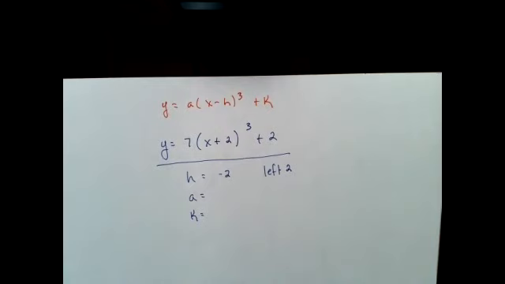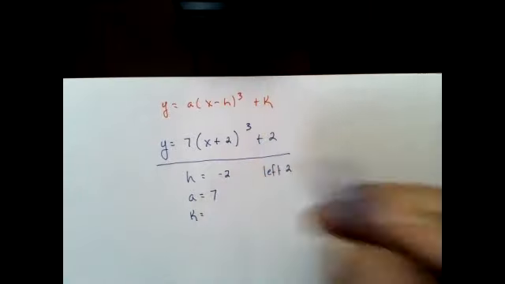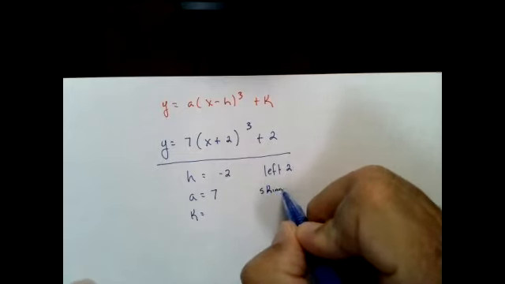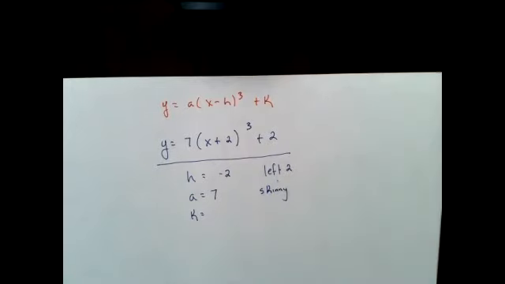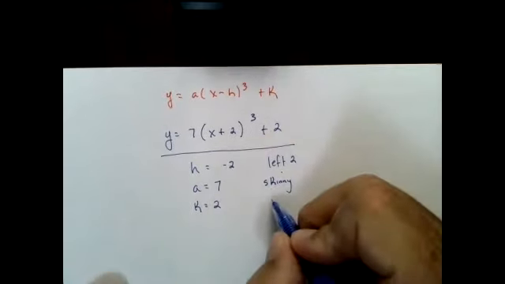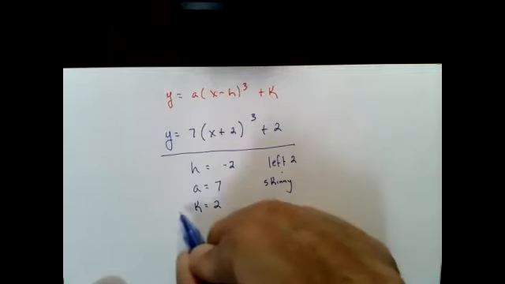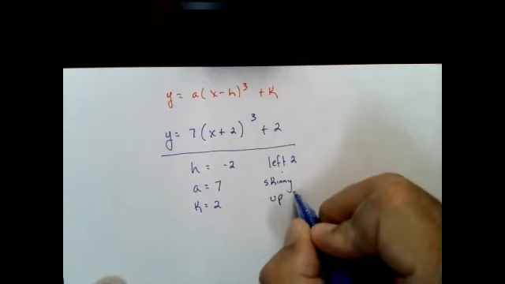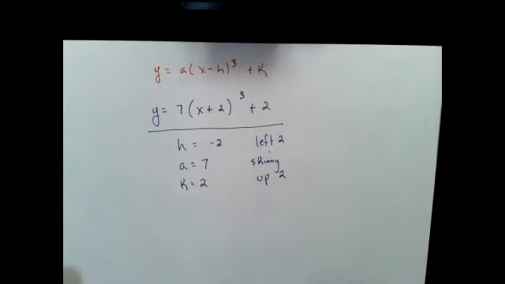Give me an A. 7. Yeah, that means it's going to be really skinny. Give me a K. 2. Since it's positive, and this is the vertical, I'm going to move up 2.